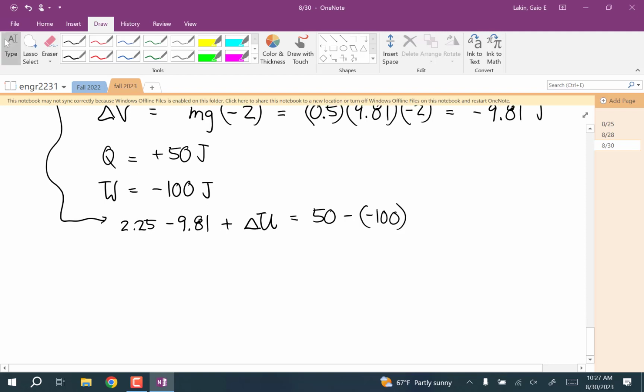And so this says -7.56, right? Plus delta U is equal to 150. And so delta U is equal to 157.56. And this is joules.